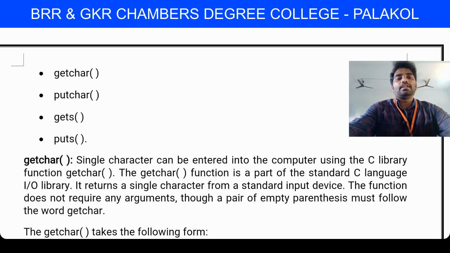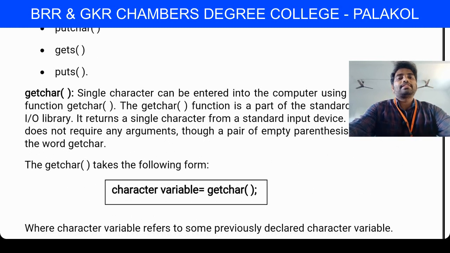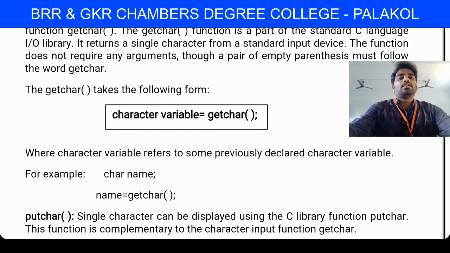Let's follow the syntax formation: character variable is equal to getchar, open parenthesis and closed parenthesis, semicolon. Here the character variable refers to some previously declared character variable. Suppose we declare one character variable: data type char, variable name, semicolon.